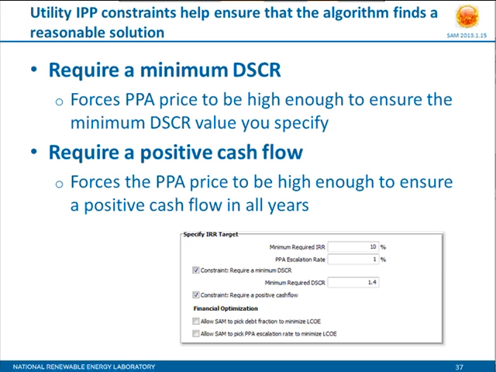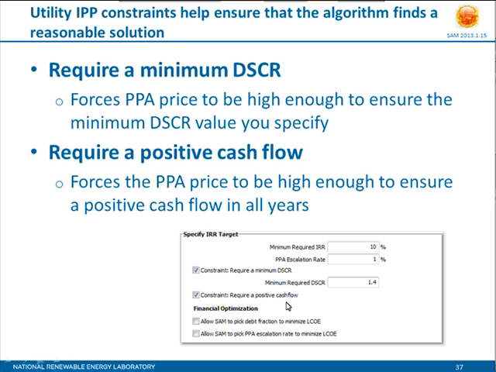For the IPP models, we've got these additional constraints to help you out when you set up a case that is causing the search algorithm to fail.